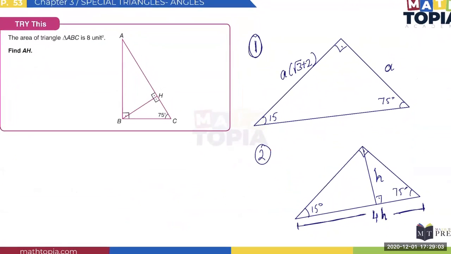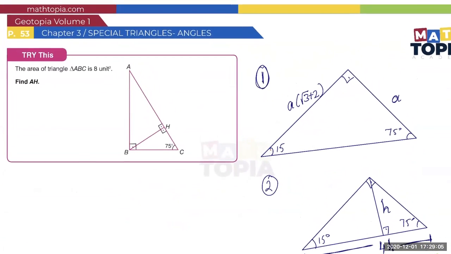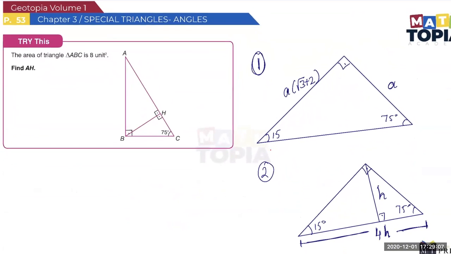We have 2 nice problems left. These 2 problems use another two special unique triangles. One of them is the 15, 75, 90 triangle, which is this one.